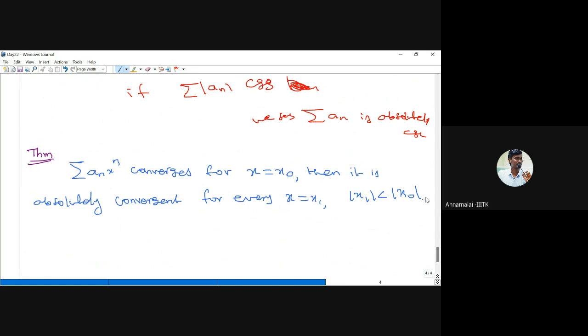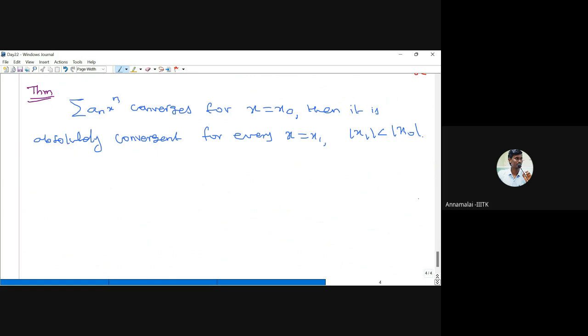It's very important here. If you know convergence at one point x0, then any point x1 which is less than x0 is always absolutely convergent.